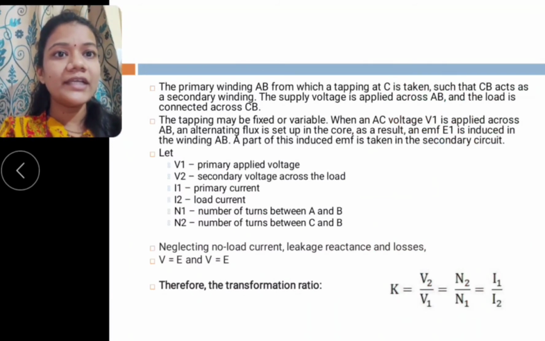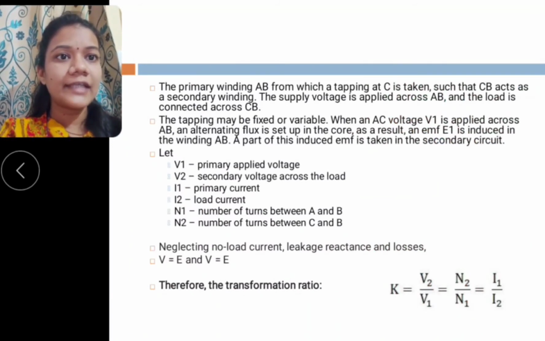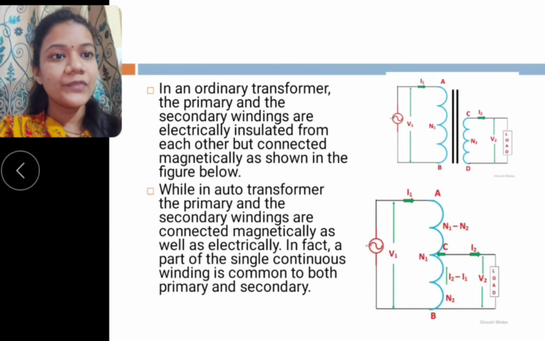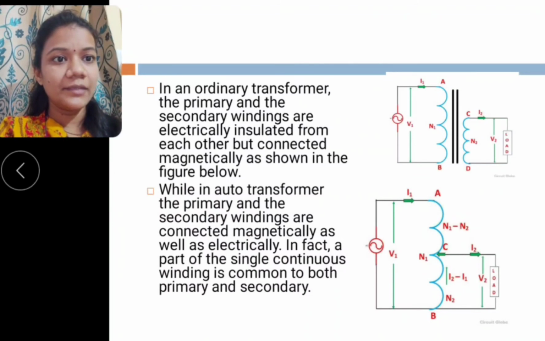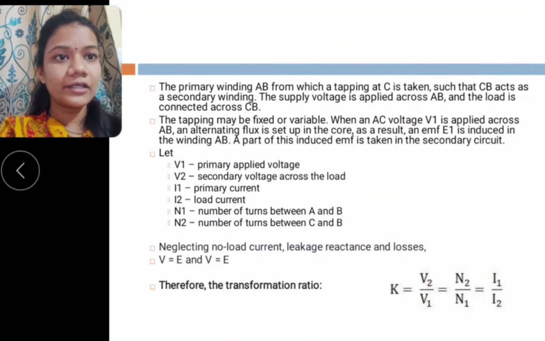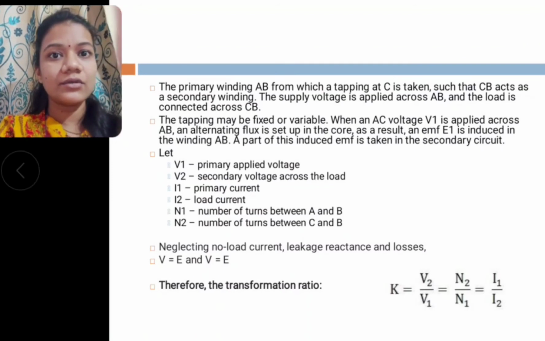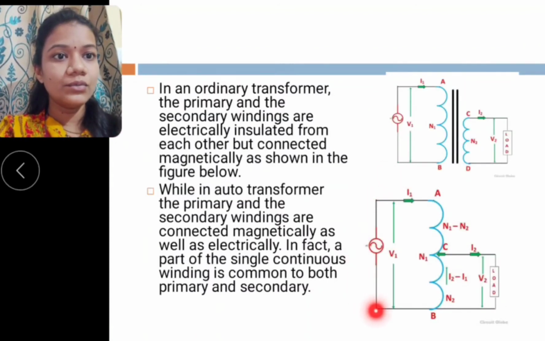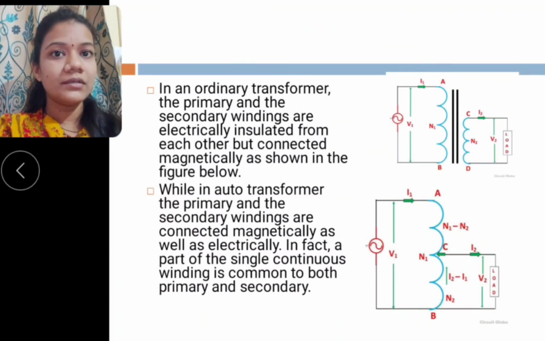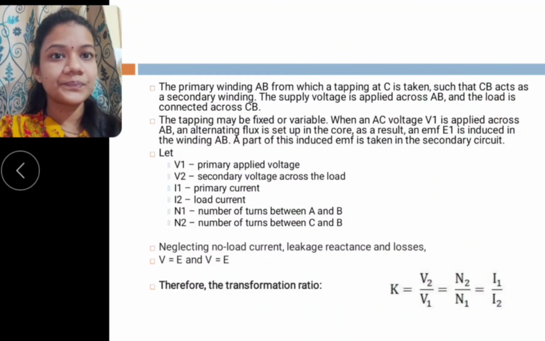The primary winding is AB, from which a tapping at C is taken such that CB acts as the secondary winding. The supply voltage is applied across AB and the load is connected across CB. So here we give supply voltage between A and B, and the load is connected between C and B, the secondary winding.